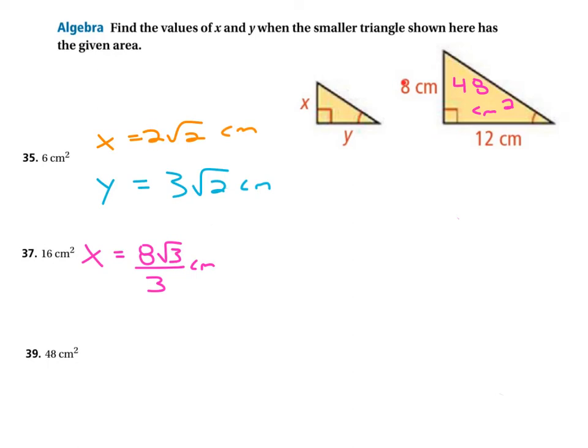If this is a 2, the scale is kind of a 2 to 3 scale from side to side on the big triangle. So if this is 2, that's 3, right? And if this is 8 on this one, then for y, it's going to be 12 root 3 over 3, which, by the way, cancels out here to be 4 root 3 centimeters.